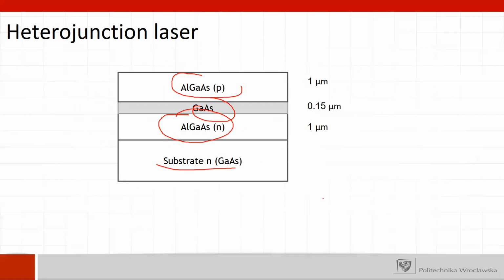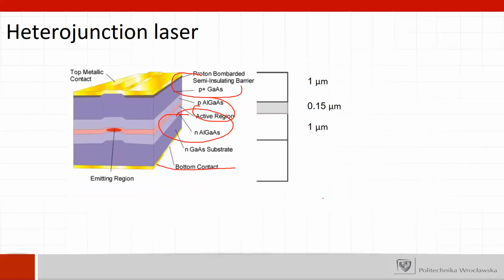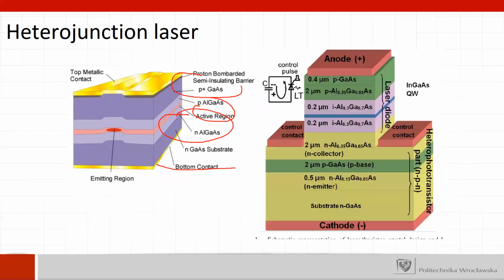Of course, depending on the specific requirements, there might be more complicated structures with many more layers, but generally we have this active region, made of one type of semiconductor, and then we have the cladding layers of a different semiconductor.